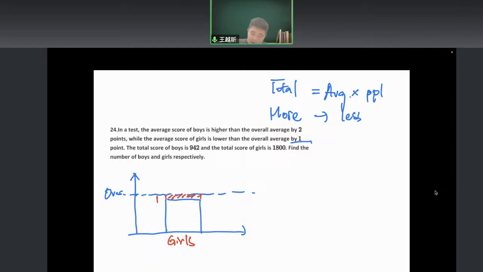Now, how about the boys? The boys are 2 marks above the overall. So what we can know from the graph is that the blue shaded area will be equal to the red shaded area.